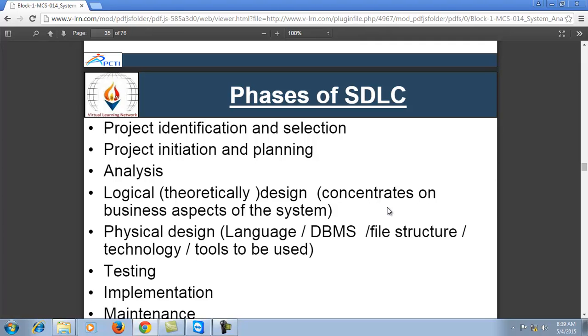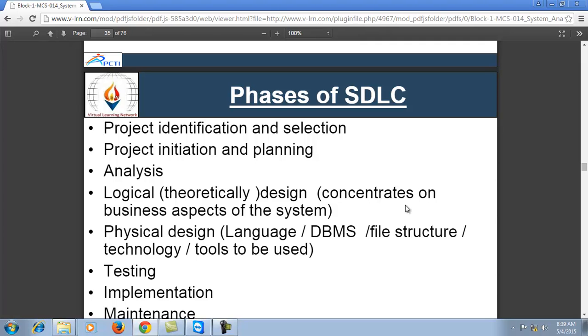Basically, system analysis is done in such a way that we have to identify whether we have to replace the existing system with a new system, or make some changes in the existing system so that these changes become compatible with the existing needs and requirements of the system.